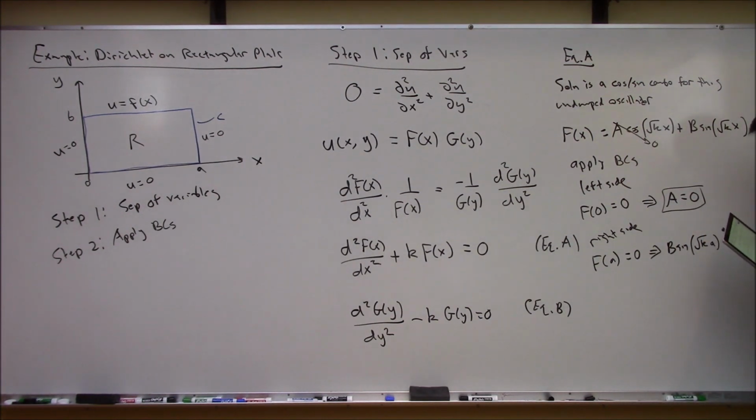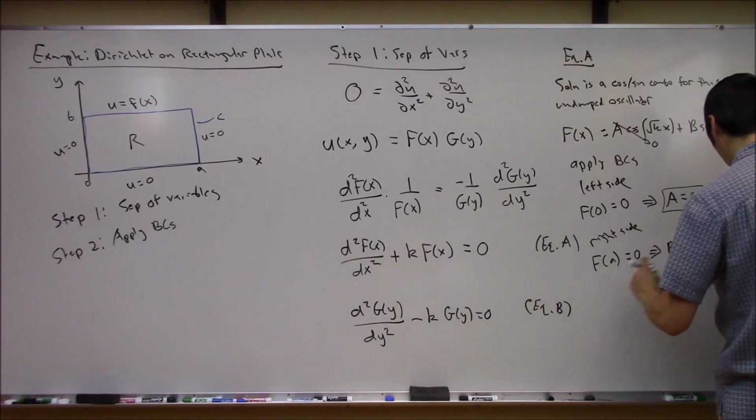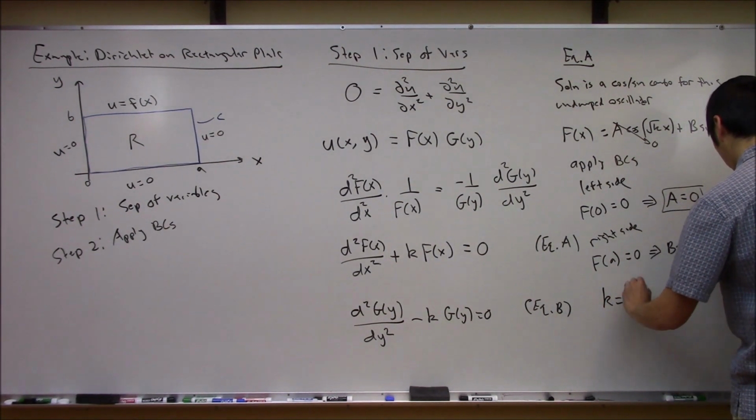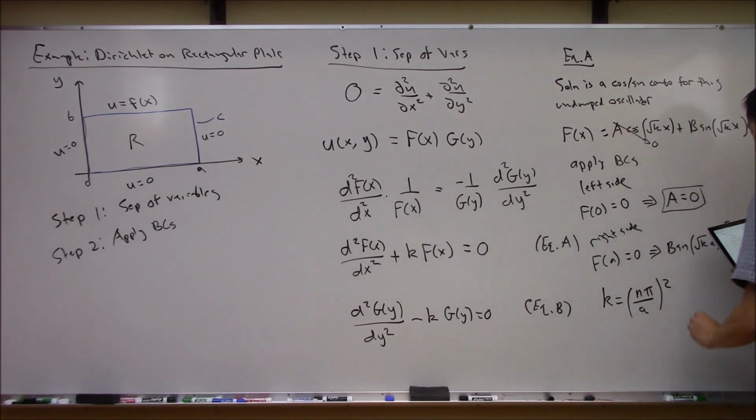So in order to not be trivial, we see that k actually has to take on very specific values. What we end up with is that square root of k had better be something like n pi over a, with n an integer. You've probably seen this twice already, so I'm just glossing over where this came from. I think you can probably figure this out.